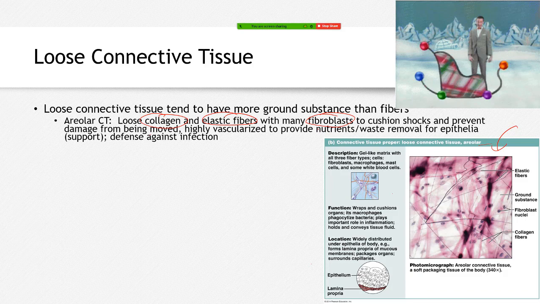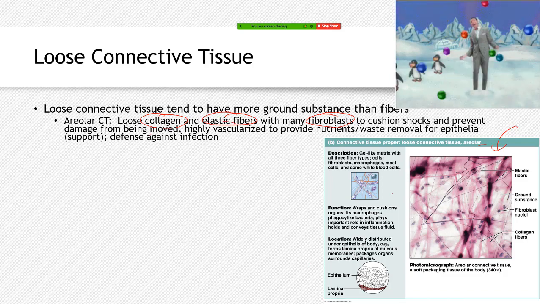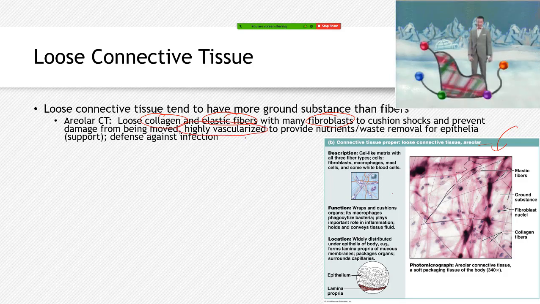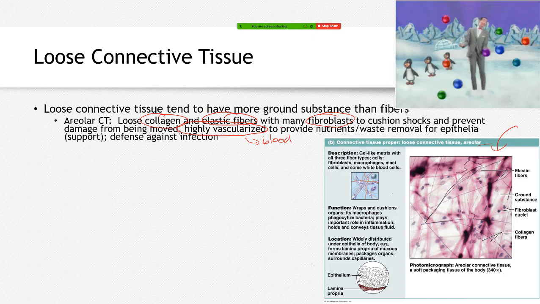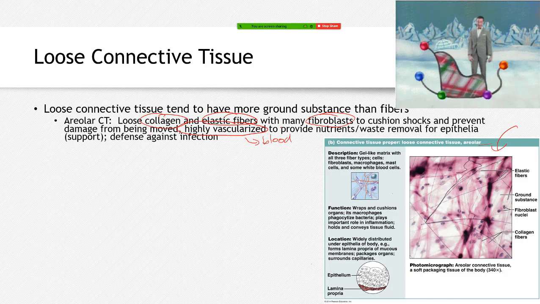The function is to help with cushioning and preventing damage whenever we're moving. However, it is also highly vascularized, meaning a lot of blood goes to this place because of the blood vessels, to provide nutrients and remove waste. So a lot of the epithelial tissue will have this areolar connective tissue right next to it.